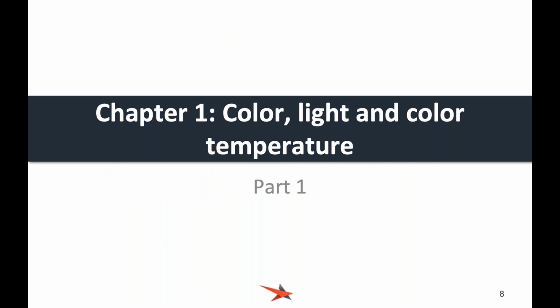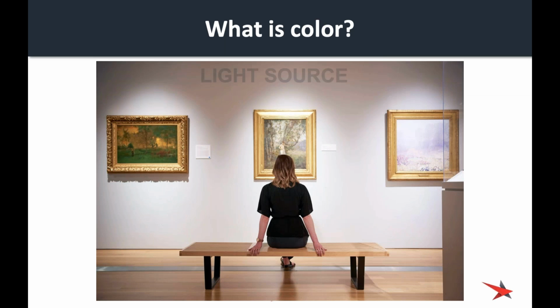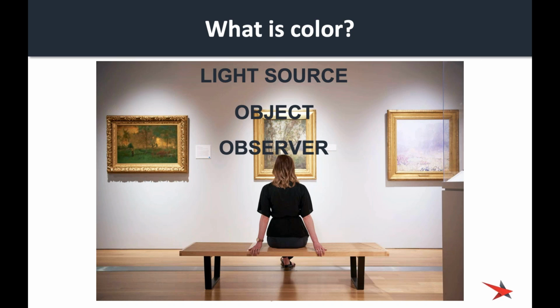Color, light, and color temperature. First of all, the obvious question, what is color? To begin with, what we call color is actually an experience of color. And this experience happens when visible light interacts with your eye and is then interpreted by your brain to form the perception of color.